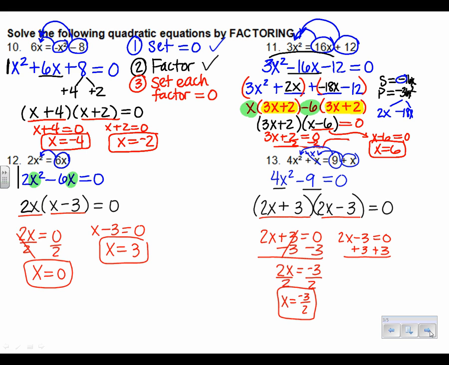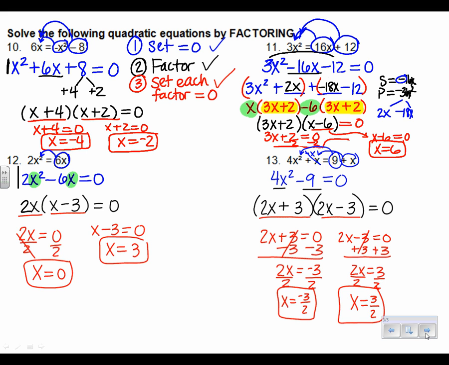Add 3 to both sides and divide by 2. I see that my other factor is positive 3/2. And I'm done. Notice how all 4 of these questions have x values as the answer. I am actually solving by factoring, and I can't stop by factoring. I have to set each factor equal to 0.